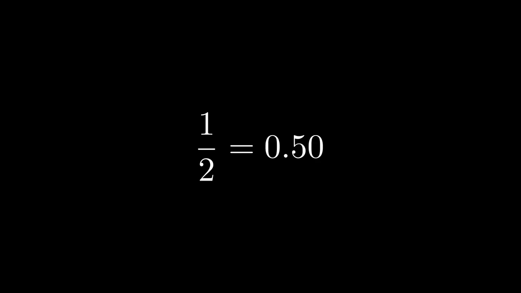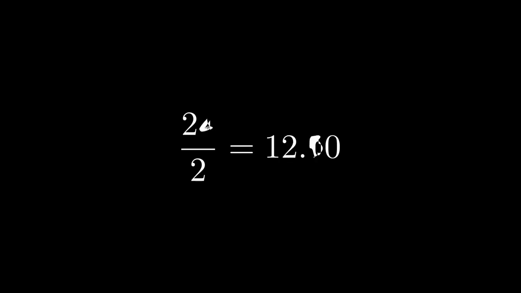Think of a fraction. What happens to its value when you increase or decrease its numerator or denominator? A fraction's value is directly proportional to its numerator, meaning if the numerator goes up, the fraction goes up.